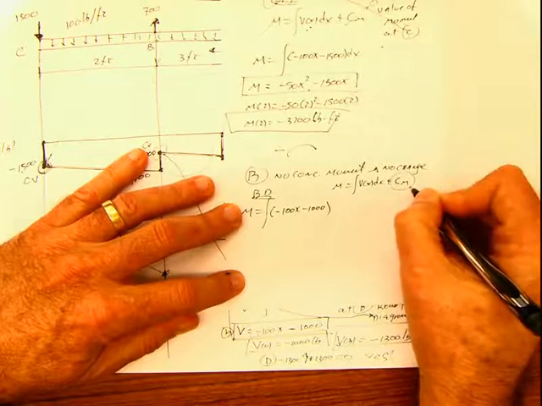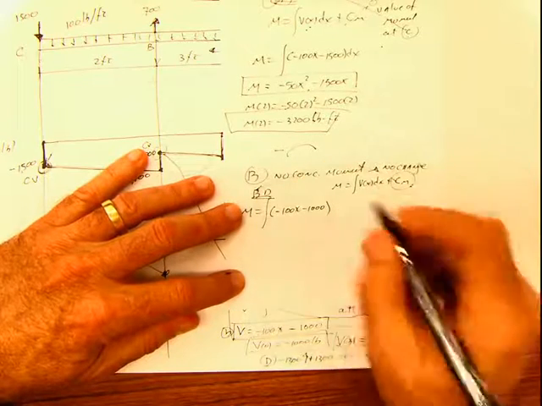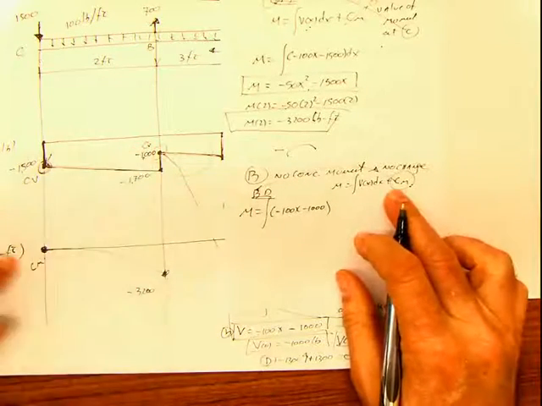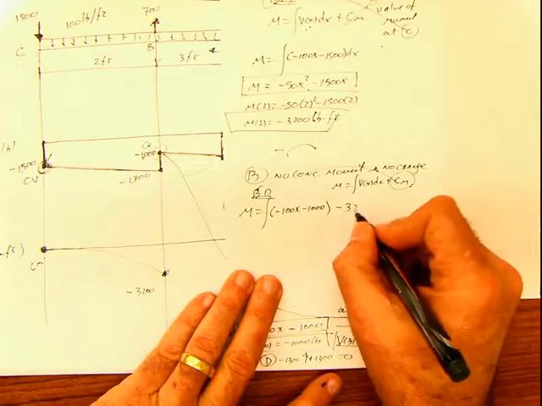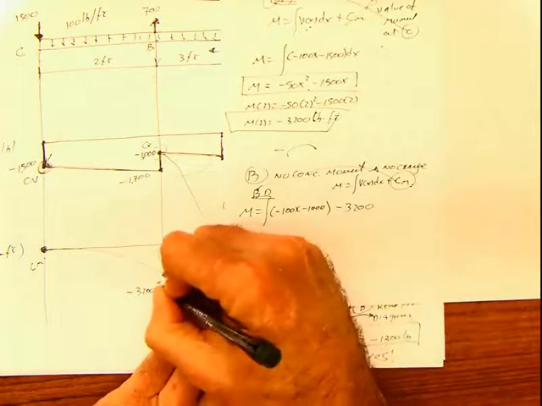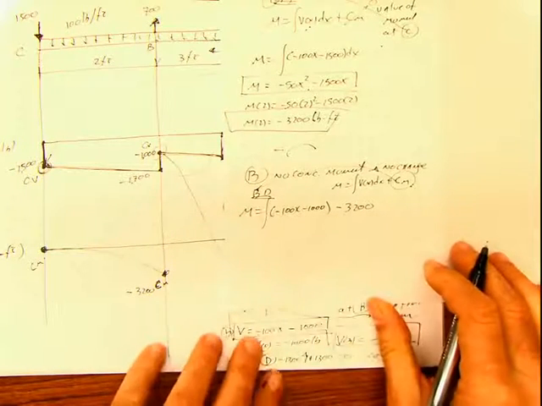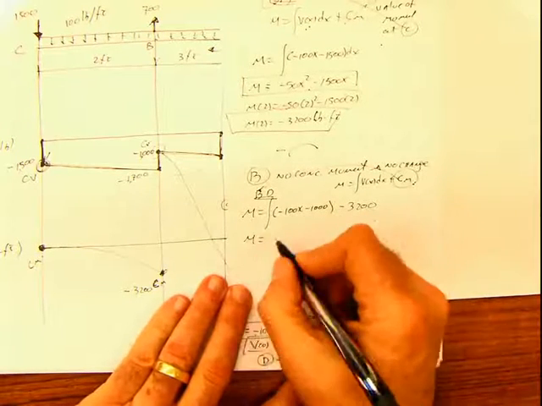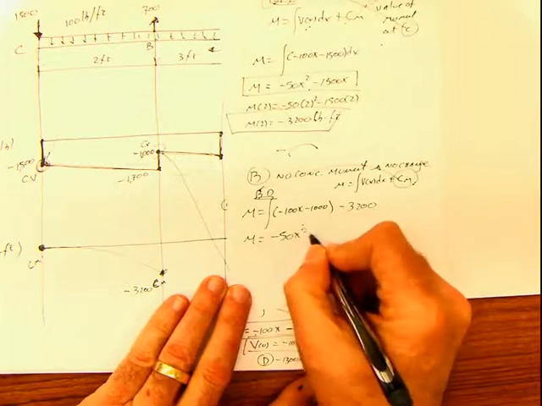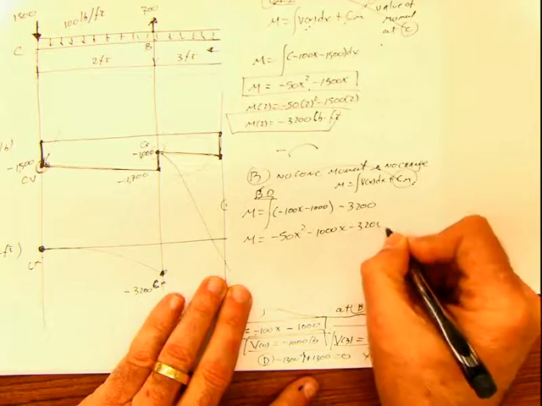That Cm, remember, is the value of the moment at B, read from the diagram, meaning 3200. That's my Cm for this part. So the equation is going to be negative 50x squared, negative 1000x, negative 3200.